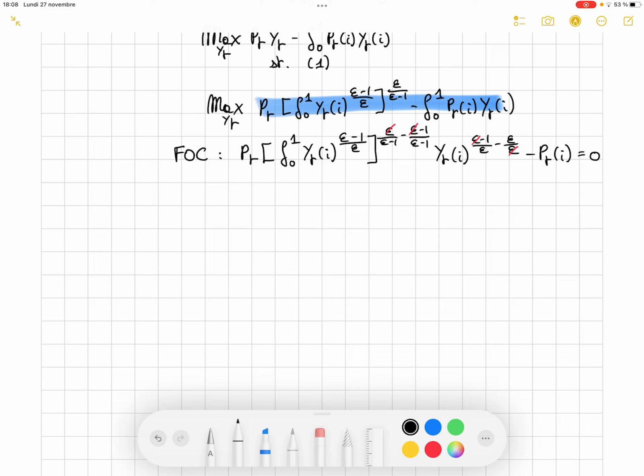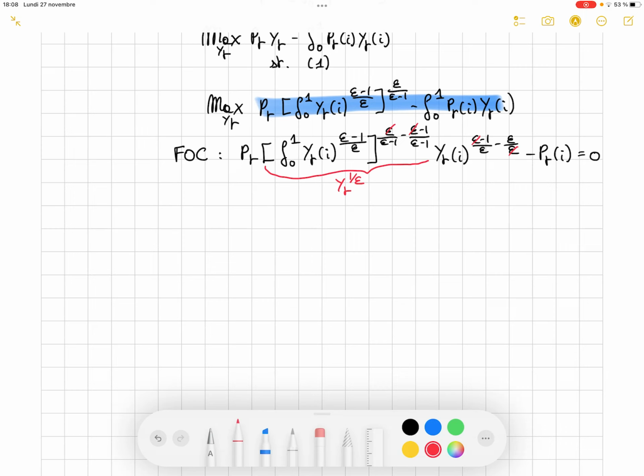Okay, so that's basically our optimization rule from the final firm perspective. And so at the end, if we rearrange this, we find basically that this is just the production function, but with exponent 1 divided by eta.